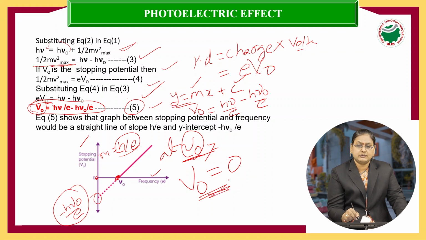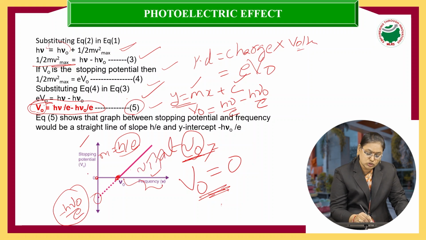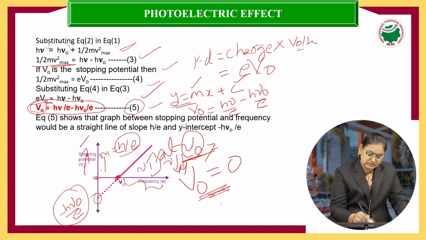Now above threshold frequency, what is happening? Above threshold frequency, as frequency increases, kinetic energy increases, therefore stopping potential also increases. If frequency decreases, kinetic energy decreases, stopping potential also decreases.